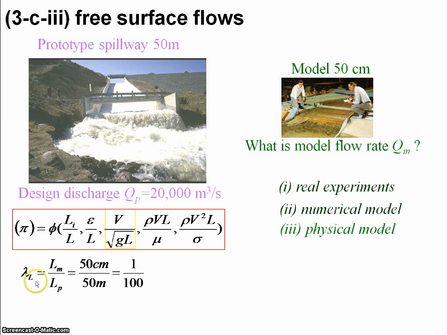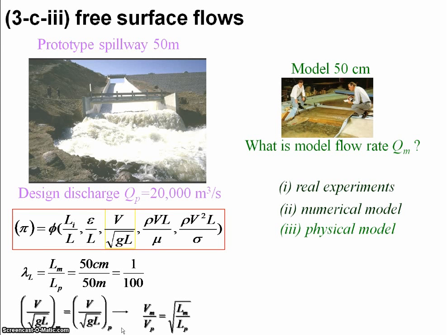Now if you look at the geometric similarity between the model and prototype here, 50 meters is the prototype, 50 centimeters is the model. So in this example, the ratio is 1/100. Now we require the Froude number between the model and prototype to be the same.